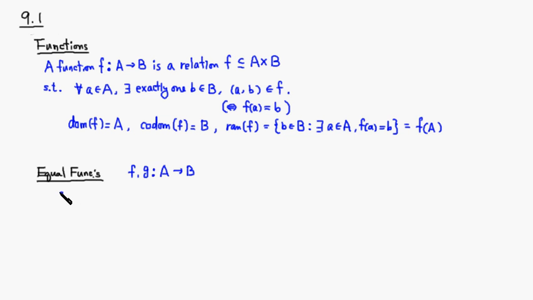We say two functions are equal to each other, so f equals g, if for all A in A, f of A is equal to g of A. Right. So this is a definition of equality between two functions.